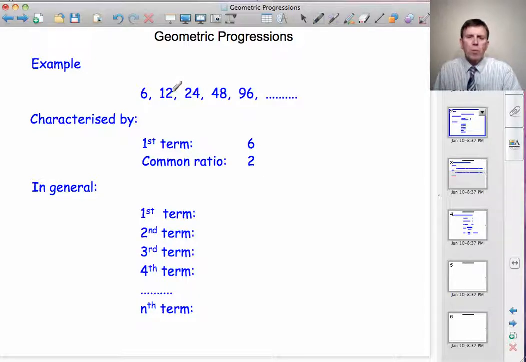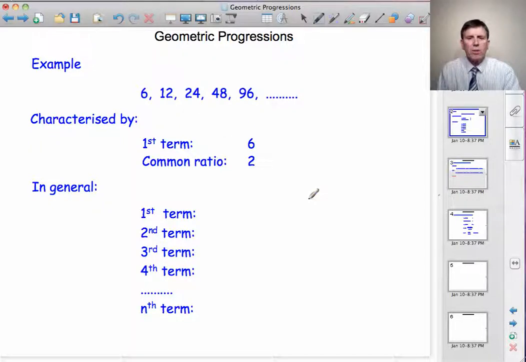And we call that the common ratio, what we multiply by each time. So the two numbers that characterize this geometric progression are the first term, 6, and the common ratio, 2. Once we know those two numbers, we can find anything we need to know about this geometric progression.